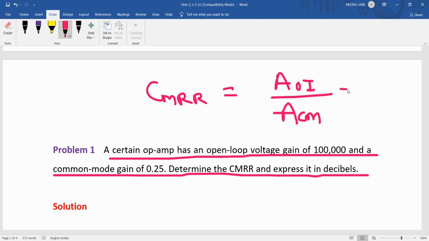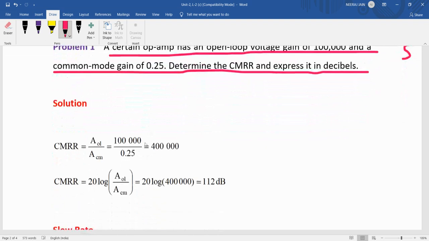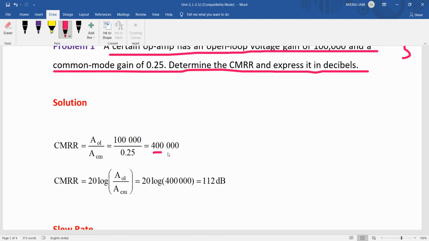The open loop gain is 1 lakh, and ACM is 0.25. Now we can solve it. It is about 4 lakh.